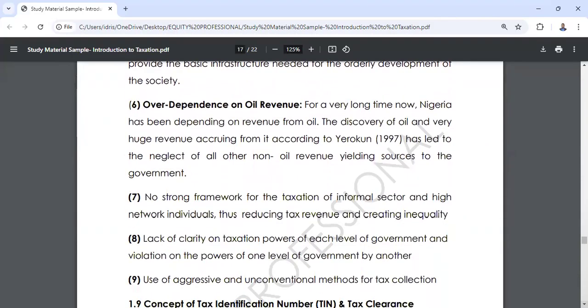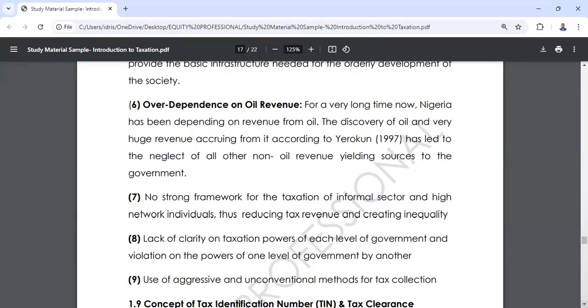Over dependence on oil revenue. For the last 5 years, 60% of Nigeria government revenue has come from oil. We have depended too much on oil: petroleum profit tax, royalty, sales of crude oil. For other sources of revenue, we don't put too much effort on them.